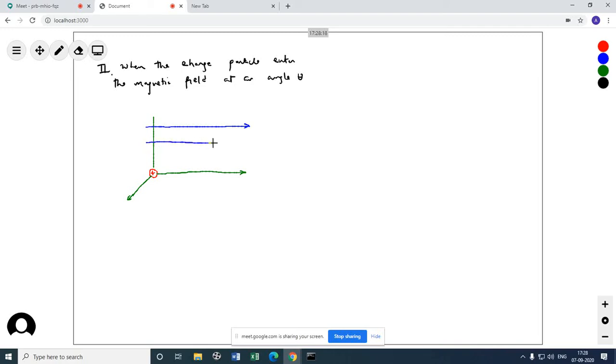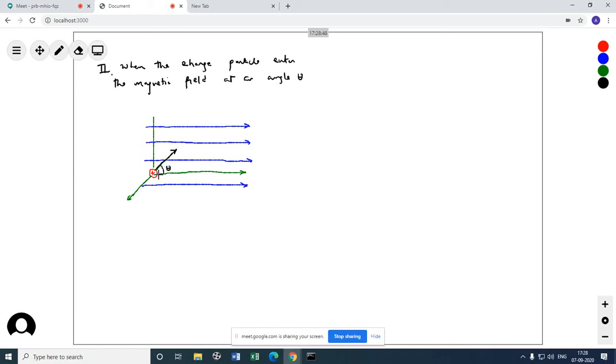This is the direction of B. Now, this being the velocity vector, you see it is entering the magnetic field at an angle theta. So this being theta.